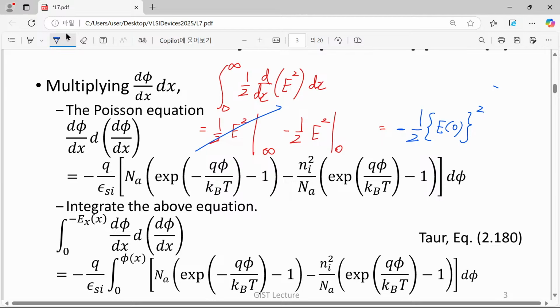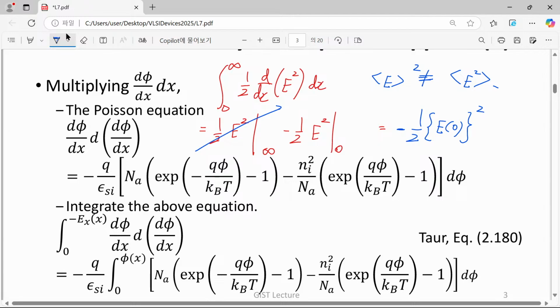I mean that the average of the electric field squared and the square of the average electric field can be different in general situations.